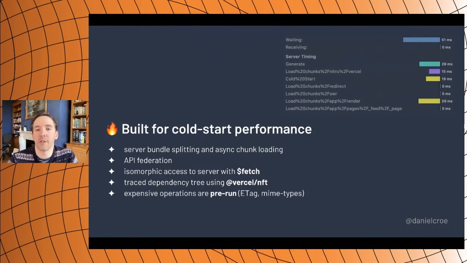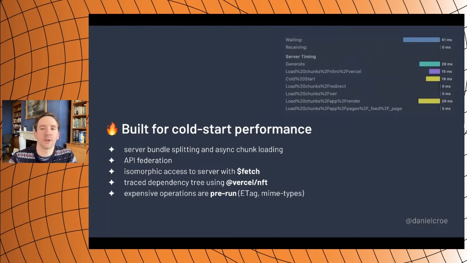And the result, here's an example of a real-world application. This is the Nuxt Hacker News app. The server timings we generate based on each chunk as it's loaded. And this is a sample request to the basic news feed. You can see that the cold start is 20 milliseconds.